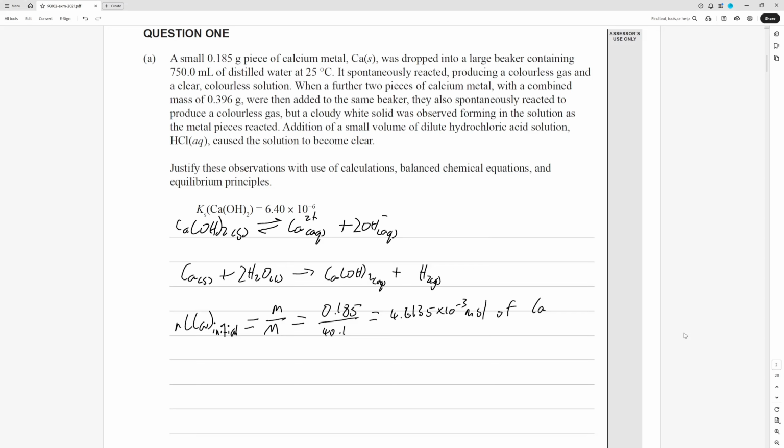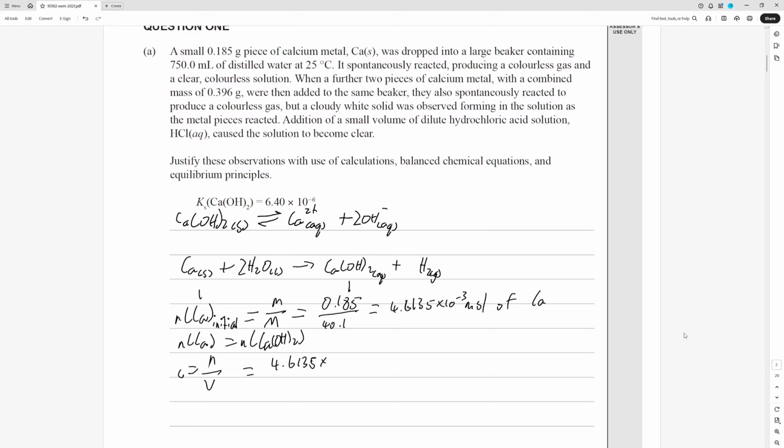Now, this is in 750 mL of solution. So concentration of calcium hydroxide, and also just note that moles of Ca equals moles of calcium hydroxide, just because this is a 1-to-1 ratio. So the moles of calcium hydroxide is also 4.6135 times 10 to the power of negative 3 moles. Calculating concentration, we can rearrange the formula n equals CV, so C equals moles over volume.